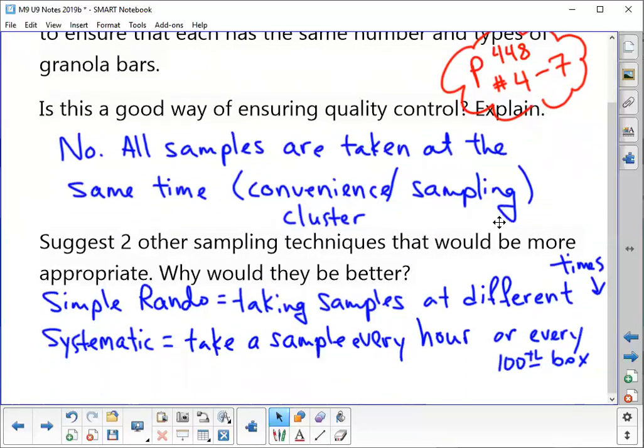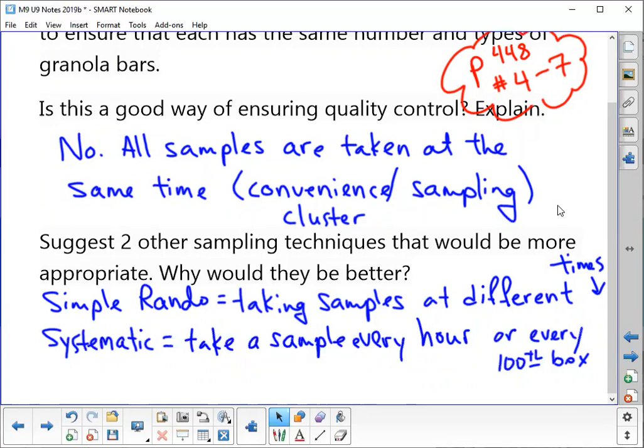So just 2 other sampling techniques that would be more appropriate. So a simple random, taking a sample at different times of the day, randomly throughout the day. You put a bunch of times into a hat and you say 10:45, 1:15, 11:02, 3:57, and then you test at those times. That would be another way of doing it.